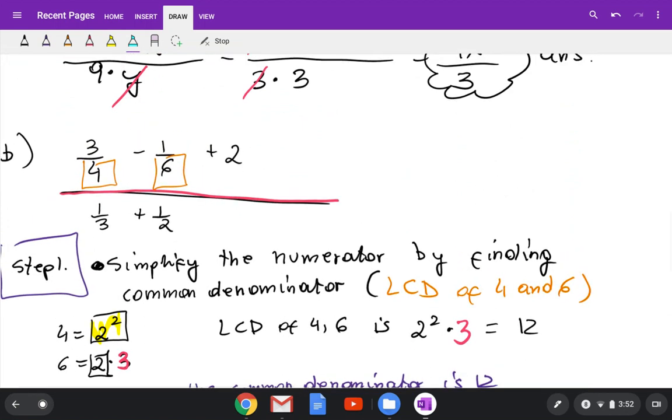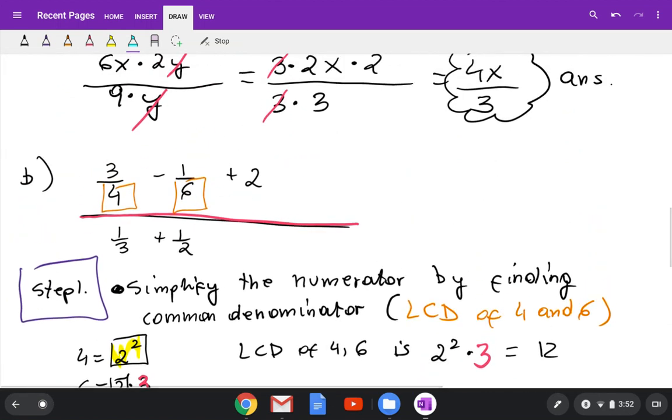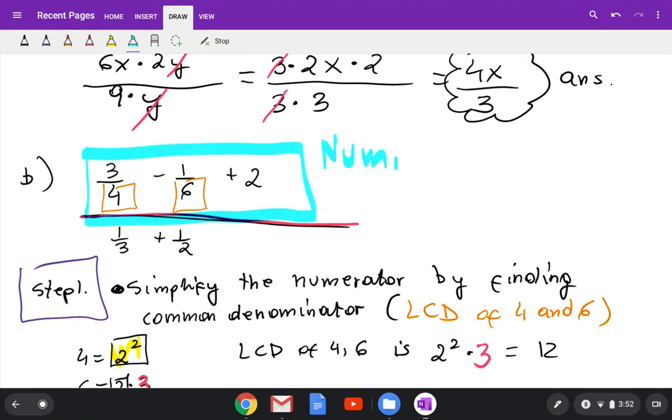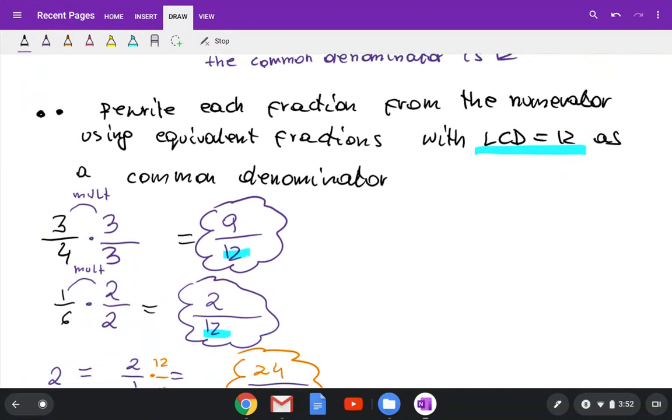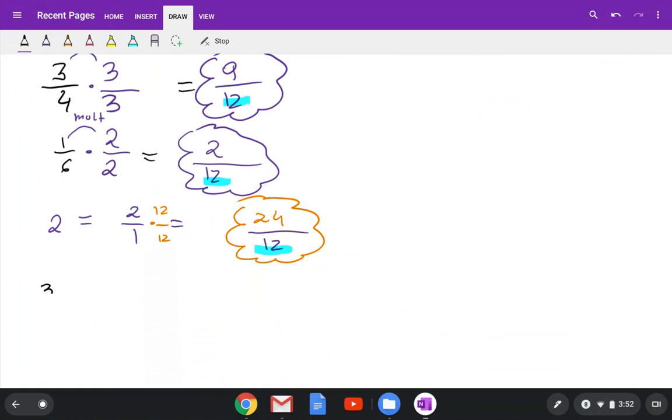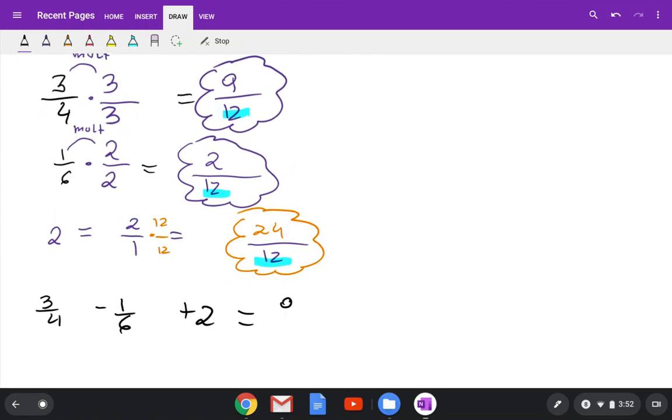So now when we have the same common denominator, which is 12, we're going to simplify this numerator. So again, we're still working on numerator, okay? So we have 3 over 4 minus 1 over 6 plus 2, which is equivalent to 3 over 4 is the same as 9 over 12 minus 1 over 6 is equivalent to 2 over 12 plus 2, which is the same as 24 over 12.